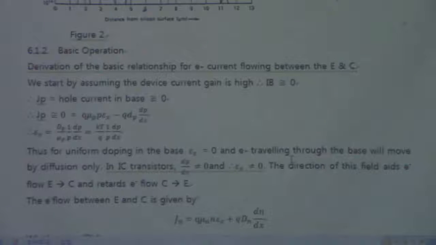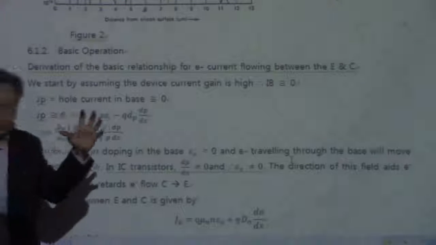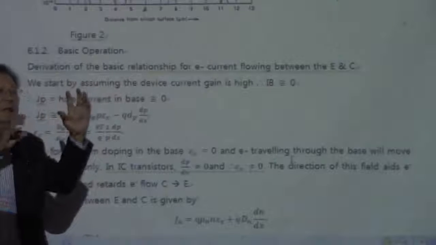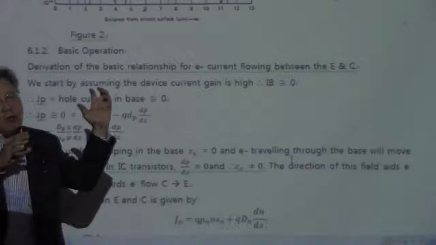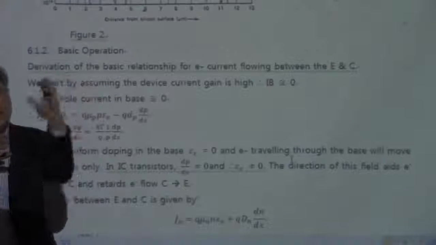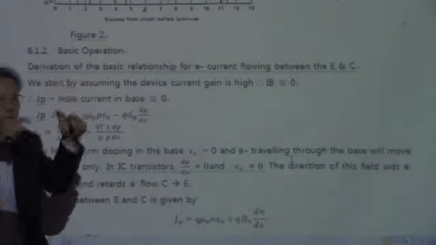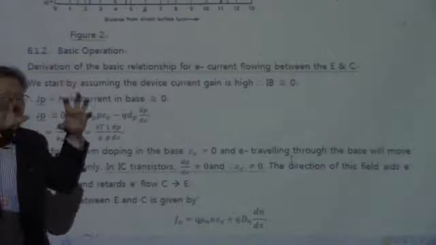In other words, in the configuration that I showed, emitter, base, collector, the electrons are going to flow from the emitter to the base, across the base into the collector, with the voltage between emitter and base.